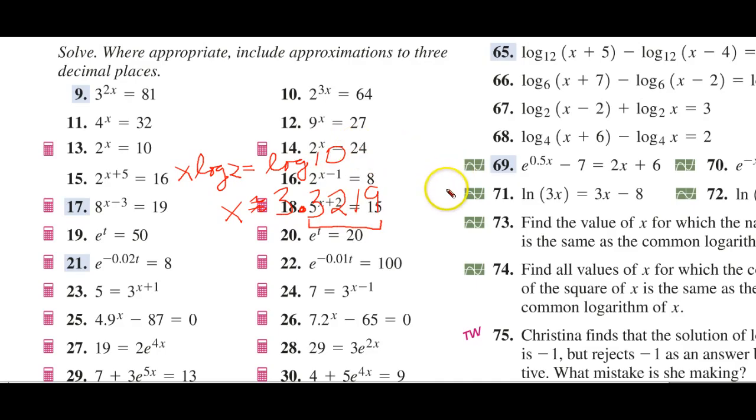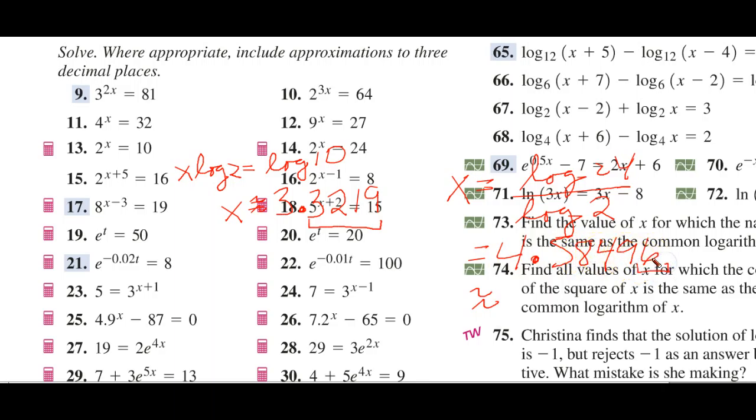This one is done the same way, so you can actually maybe jump to this step. X is going to be what? Log of 24 divided by the log of 2. So this would be 4.58496.